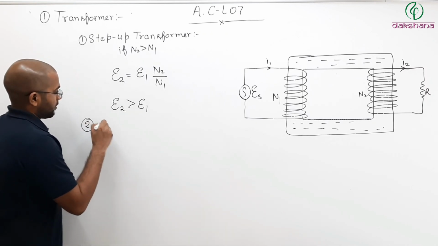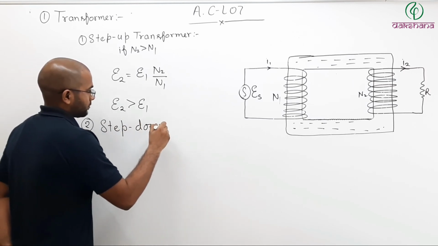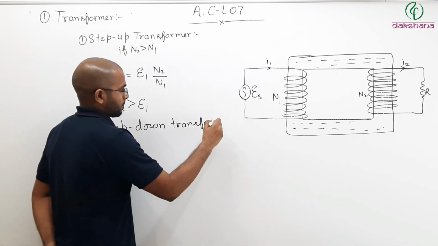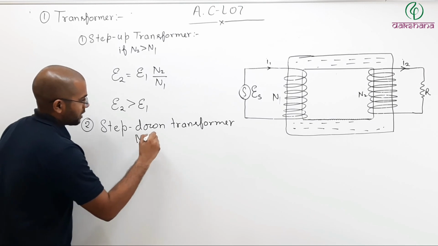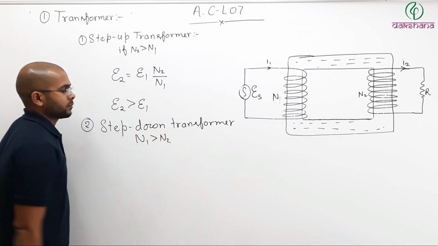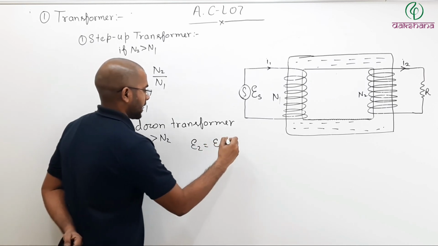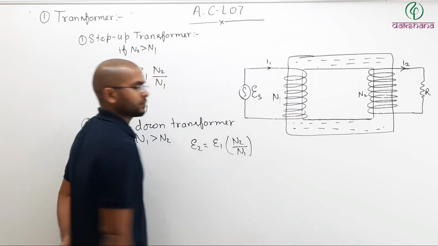What about the second type, which is step down? Step down transformer. So let us say N1 is greater than N2. Here what will happen? E2 is nothing but E1 times N2 by N1.